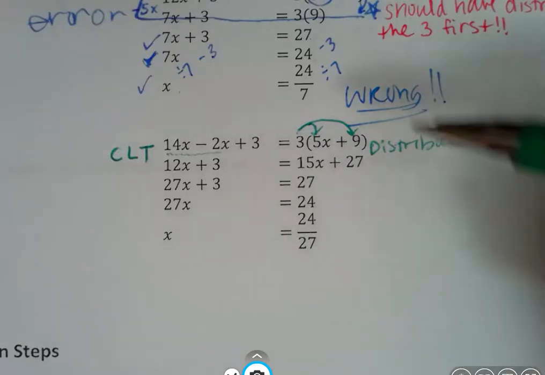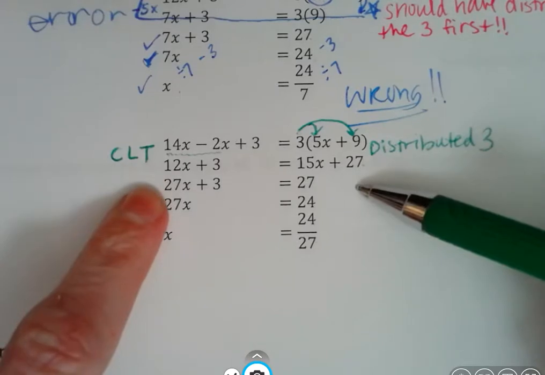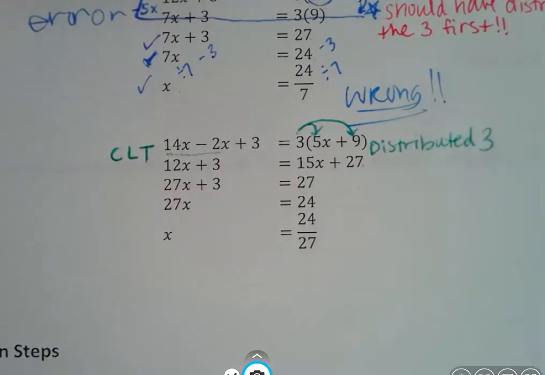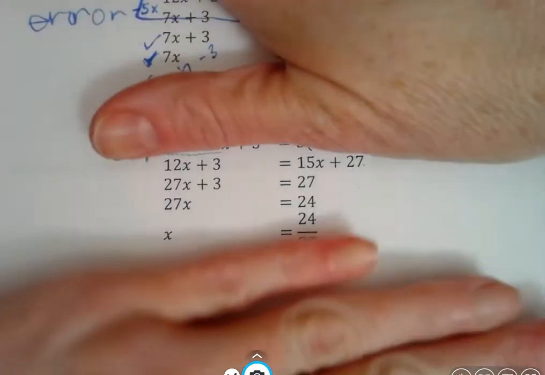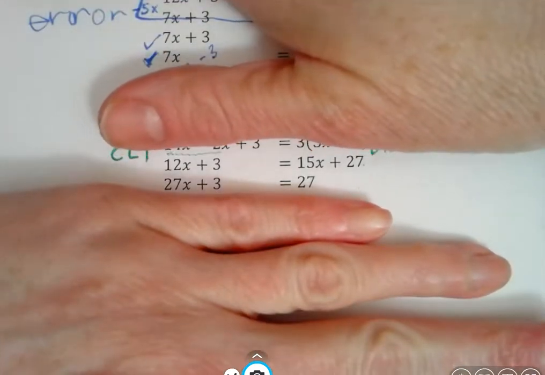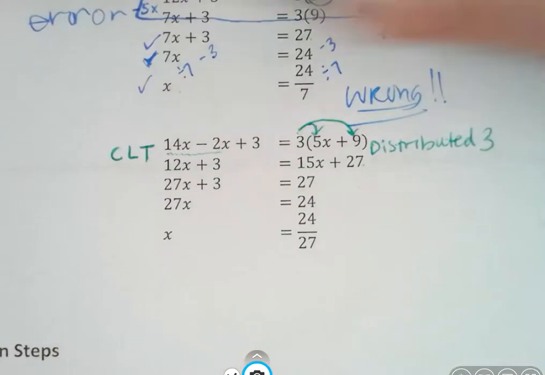So now let's see what happened on the next step. Now, if you are struggling because you're seeing everything all at once, you may want to use something to help cover up what you're not working on, if you only want to focus in on the steps that we're looking at.